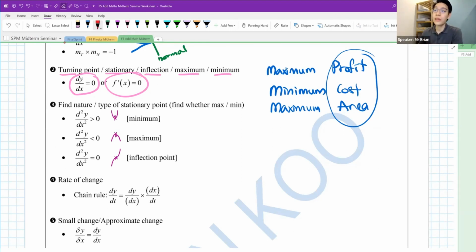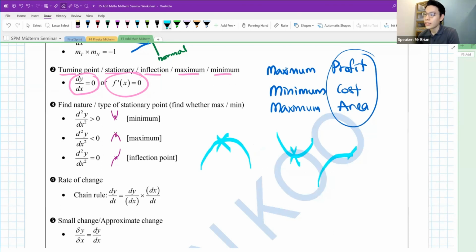Number 3 is only for when you are interested in this: I already know this point is a turning point, but I don't know whether it is a sad face, a smiley face, or half a sad face and half a smiley face. This half smiley, half sad one, we call an inflection point.